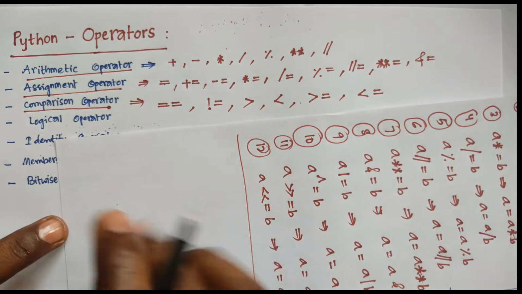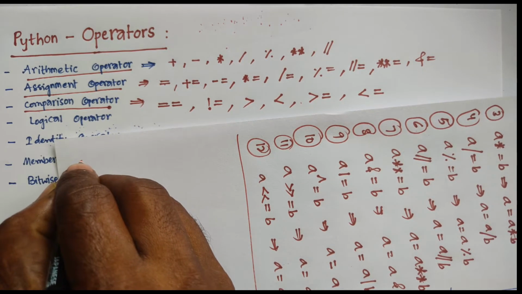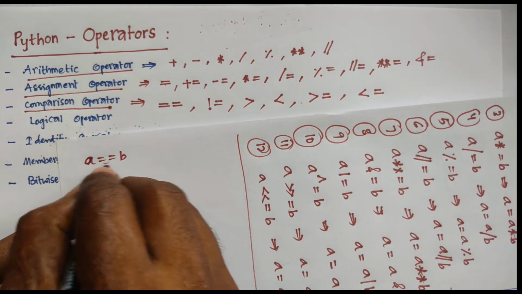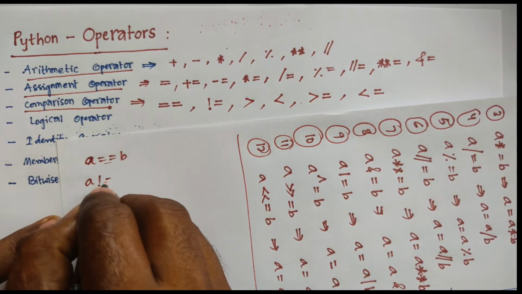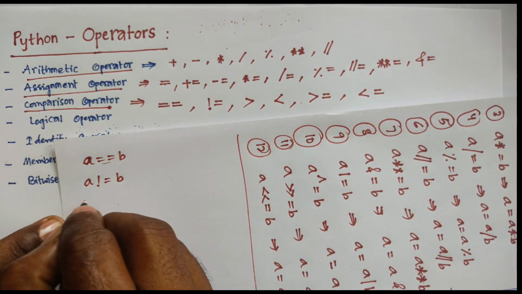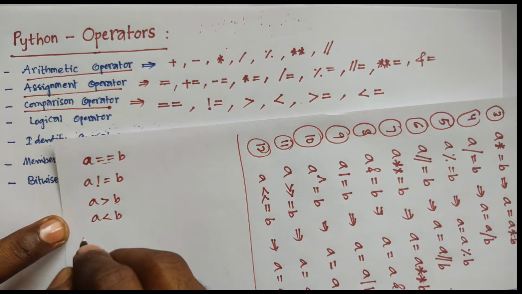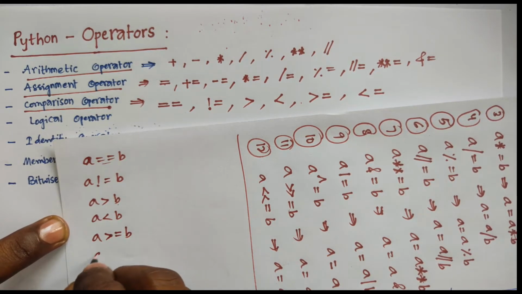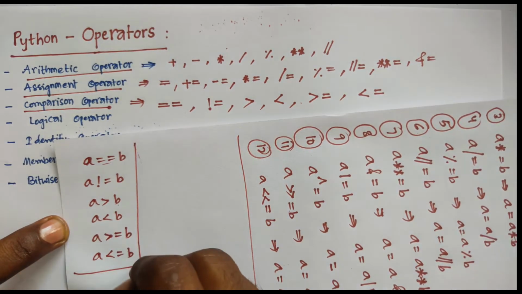How we can represent them in comparison expressions: for example, a is equal to b, that is nothing but equal. Okay. a not equal to b, a greater than b, a less than b, a greater than or equal to b, a less than or equal to b, like that we can design the expressions.